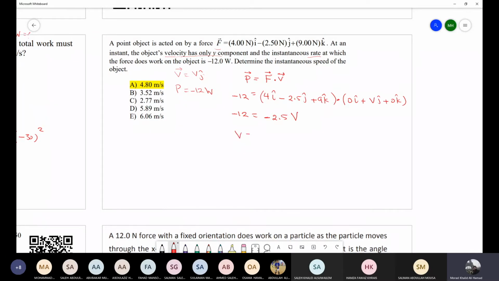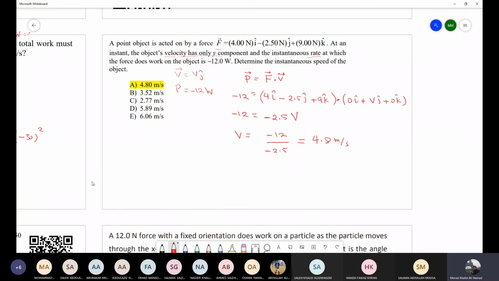So v will be equal to minus 12 divided by minus 2.5. Minus with minus will go. This gives us 4.8 meters per second. Clear?